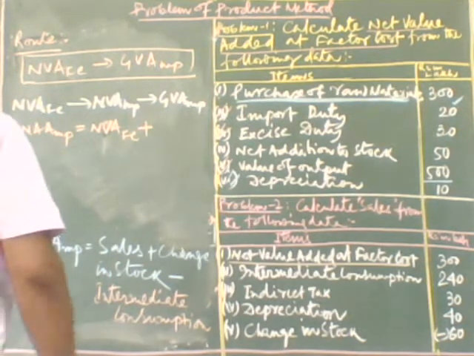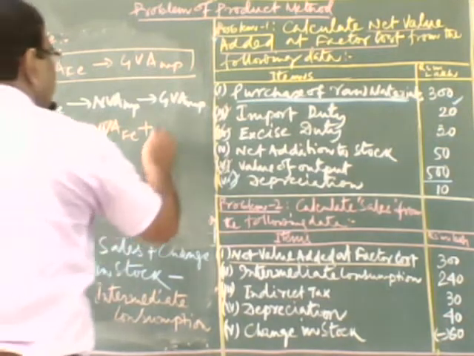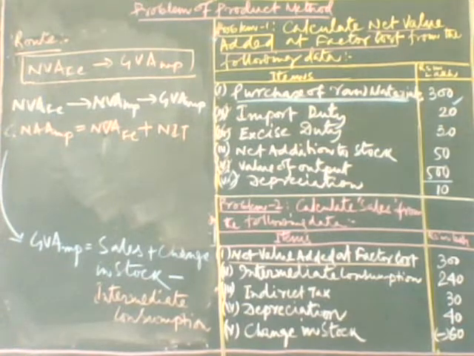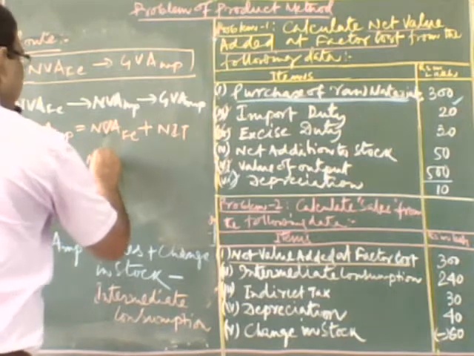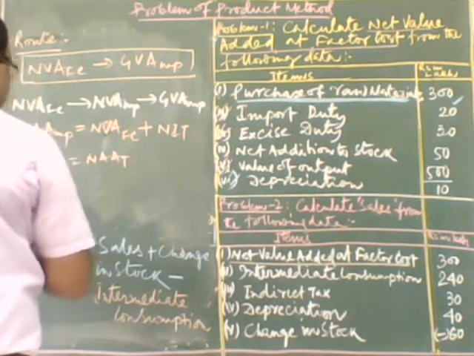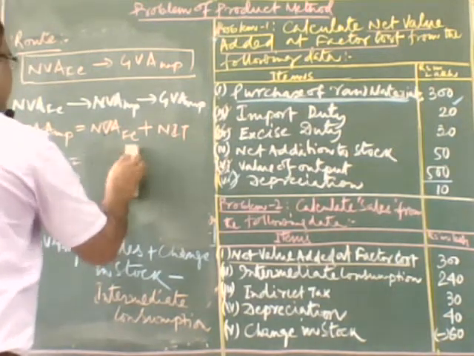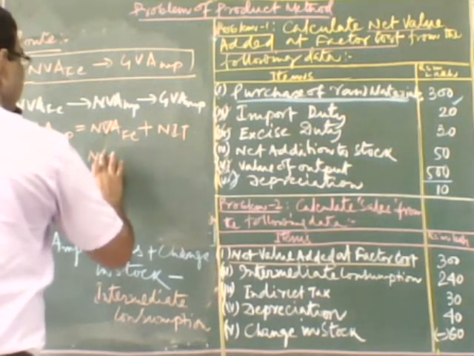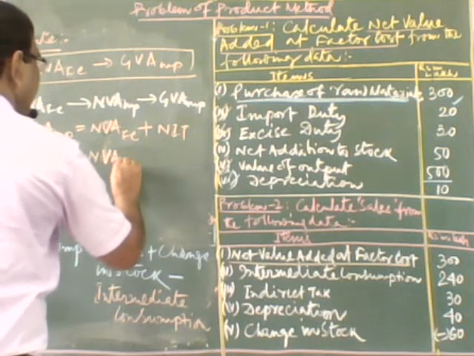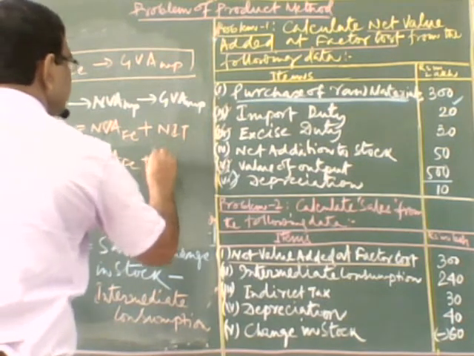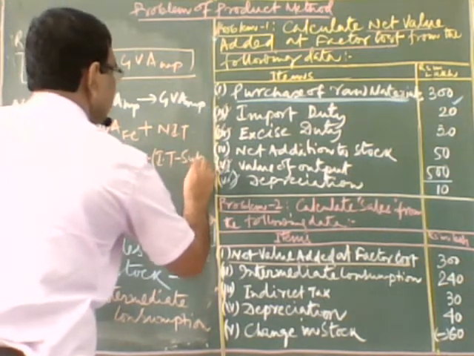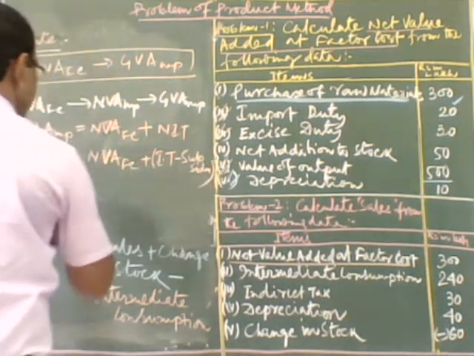So NVA at market price is equal to NVA at factor cost plus indirect tax minus subsidy.